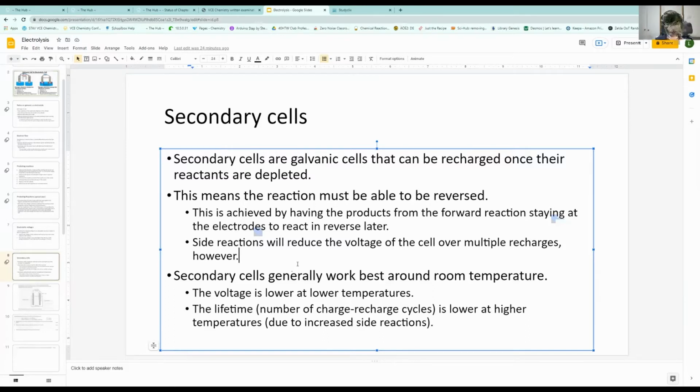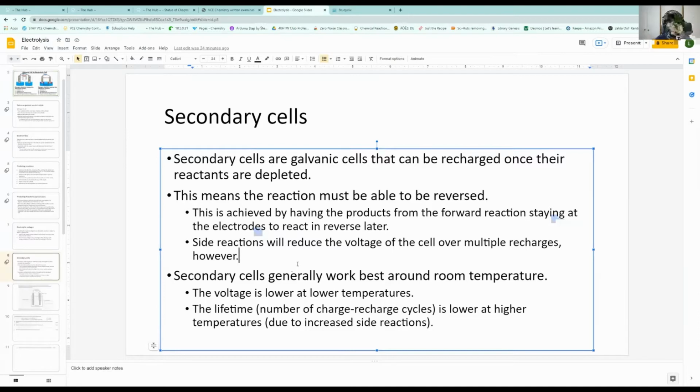You don't need to know the details of these, but basically there are other random reactions that happen, and they will produce products other than those that are able to be recharged. If they make some other random product, then they'll just float around in solution. They might even stay at the electrode, but they're unable to go backwards because they're not one of the products that normally gets reacted backwards.